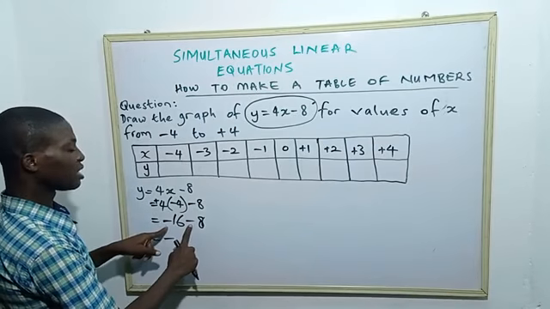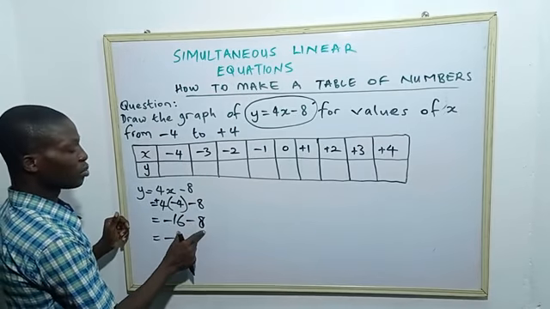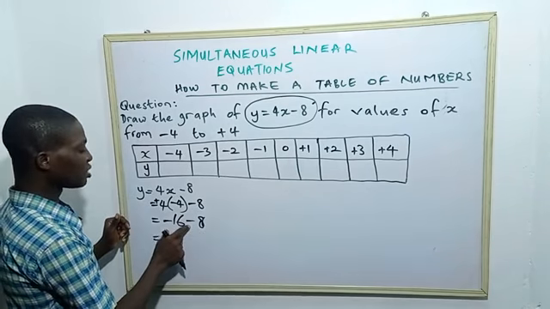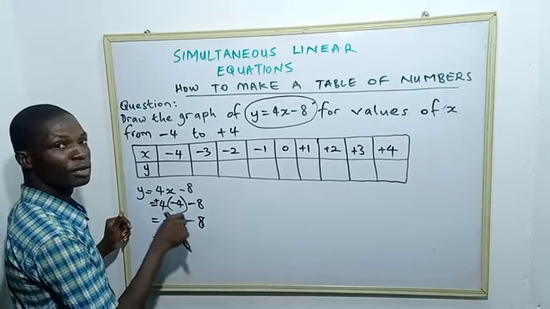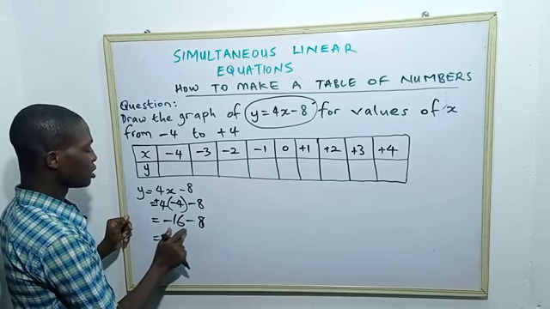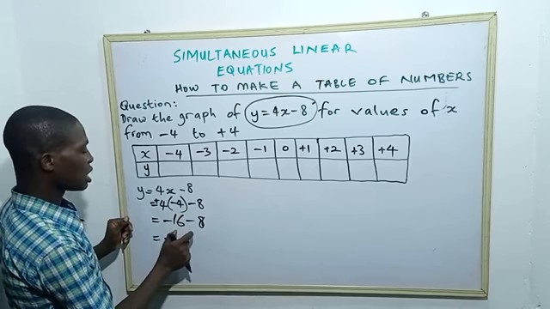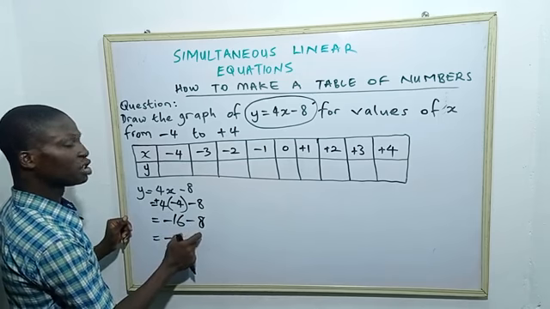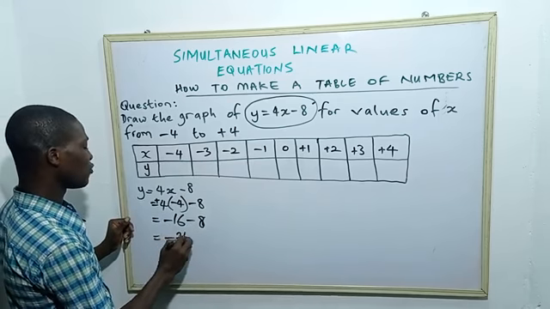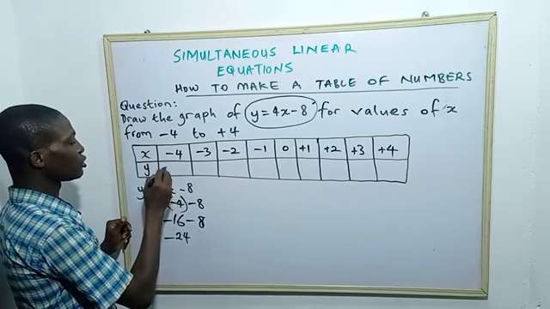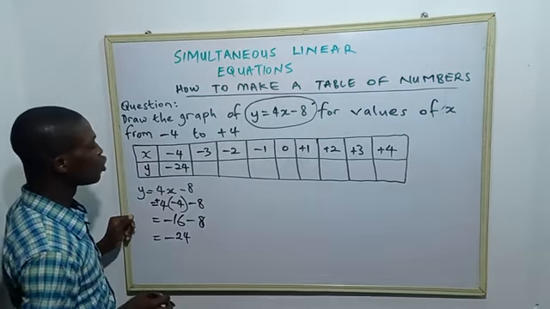Then because the signs are the same, you will add the numbers together. If they are different, you will subtract the smaller number from the bigger number. But in this case, the signs are the same. Add the two digits together, which is 24. So we have minus 24 as the value of y.